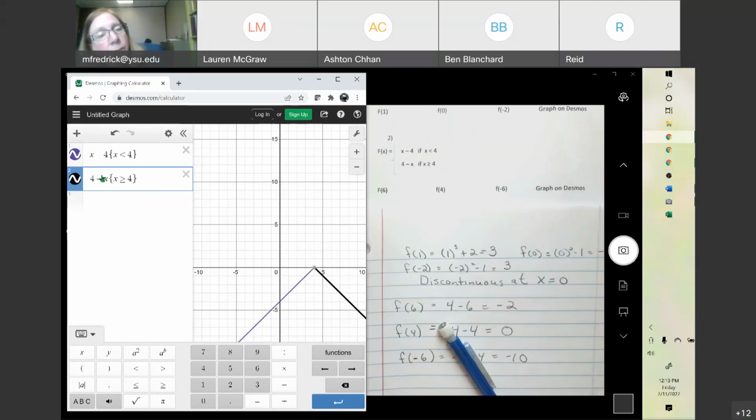Because if you plug 4 into both of these, you get the same answer. So where the one end of the other one fills in, this one would be continuous.